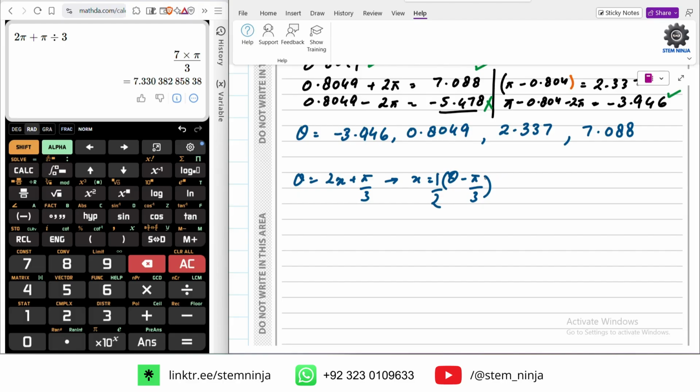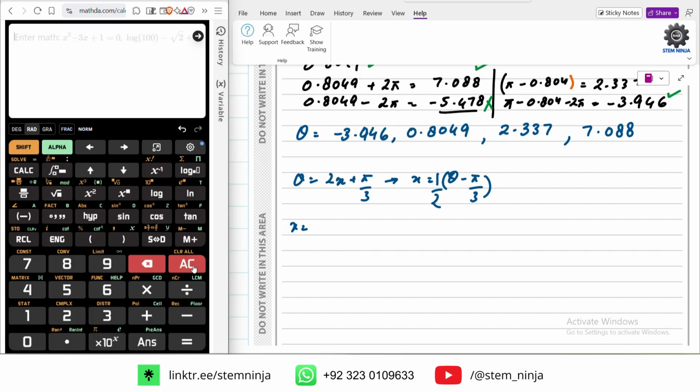Theta minus pi by 3 divided by 2. Okay, so x values would be, right, okay, so 0.5 minus pi divided by 3.